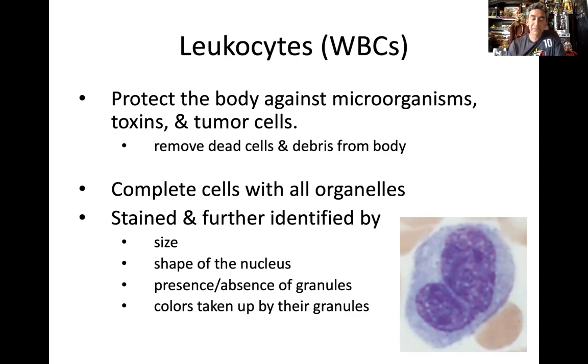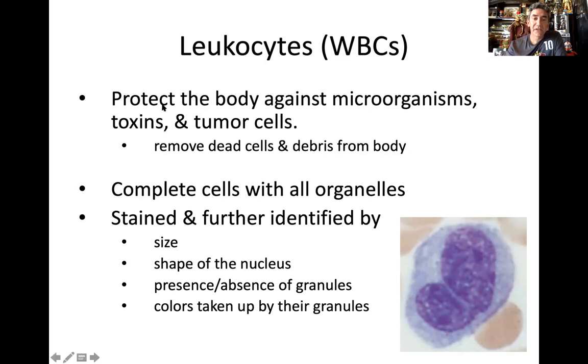So erythrocytes had that one function, transporting gases, oxygen, carbon dioxide. Leukocytes are going to be a lot more dynamic. They're going to be a lot more complex in the types of cells and the roles that they play in the body. So we'll get into those here.